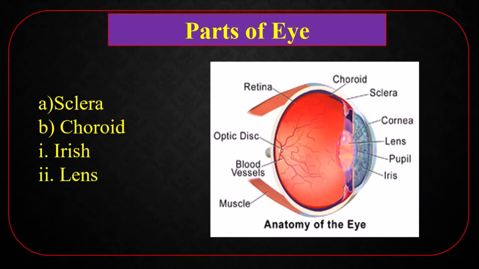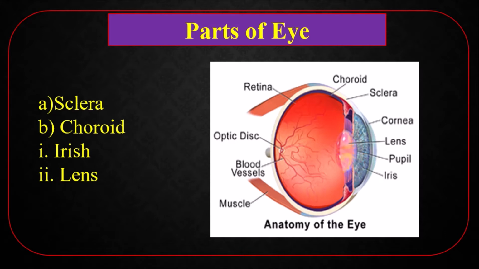Iris and lens are also present in the middle layer. Iris, the black and round membrane situated at the back of the cornea, is called iris. It is a round and pigmented membrane.